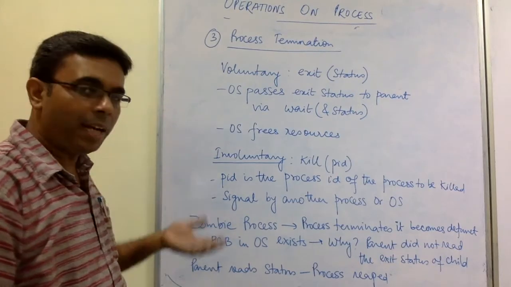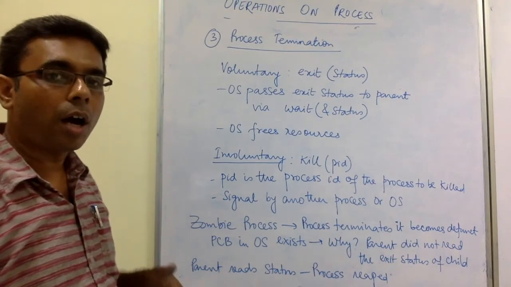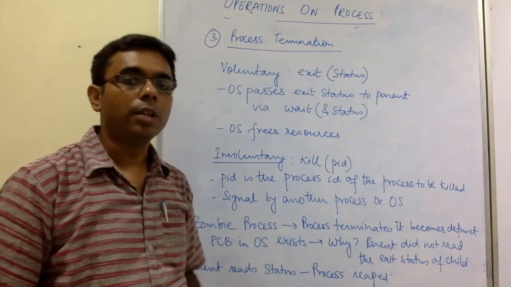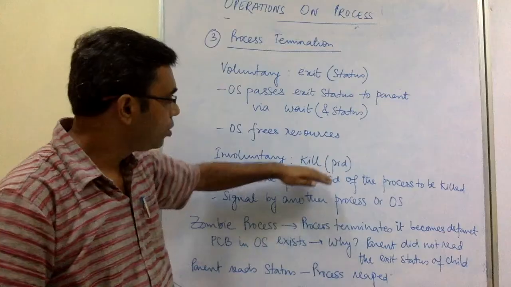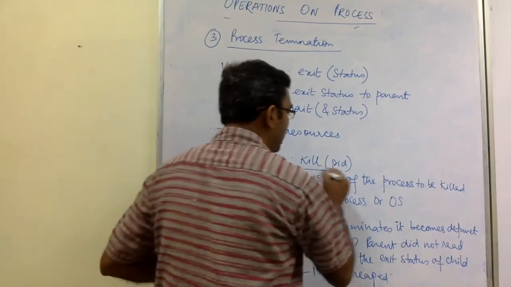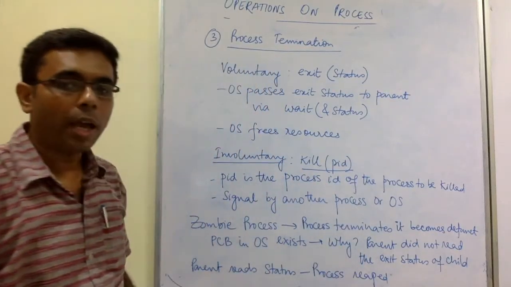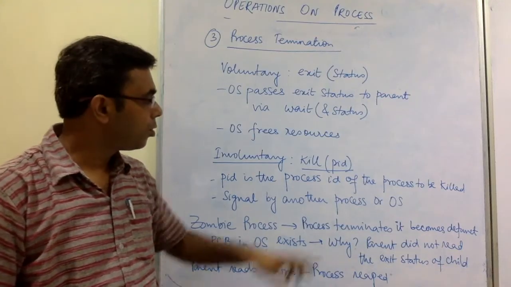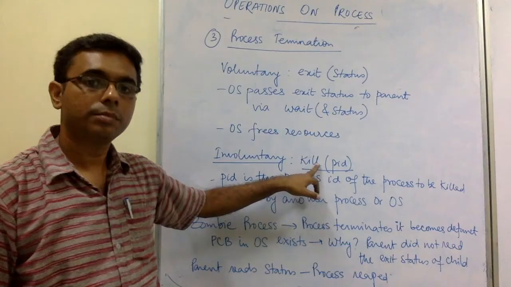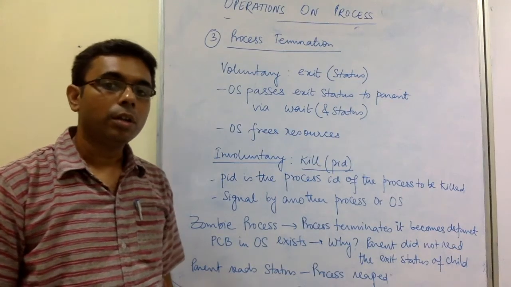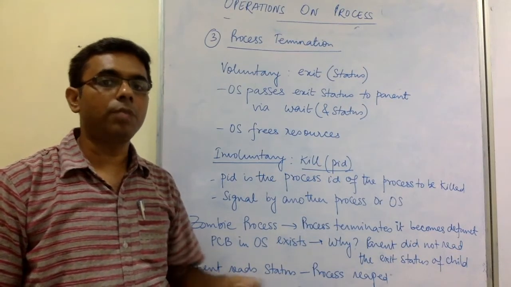But there can be an untoward situation as well, where the process is forced to terminate. In that case, you use the system call called kill, and you pass on the argument which is the PID of the process that you wish to kill. So kill is a system call that kills a particular process.